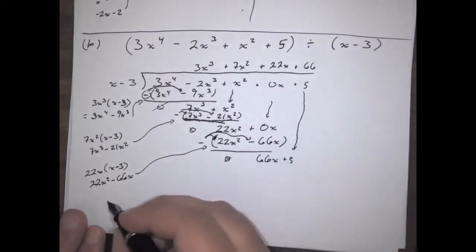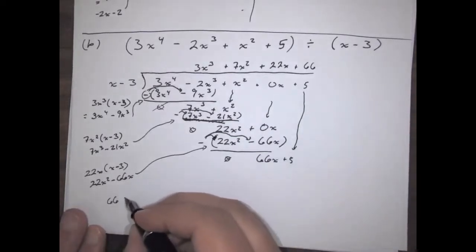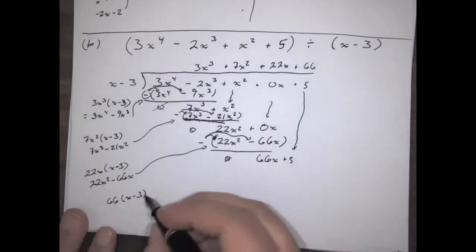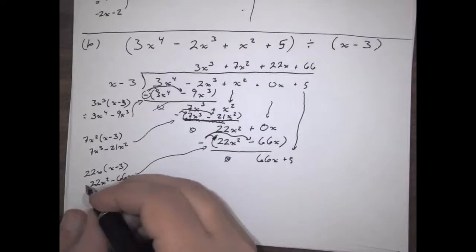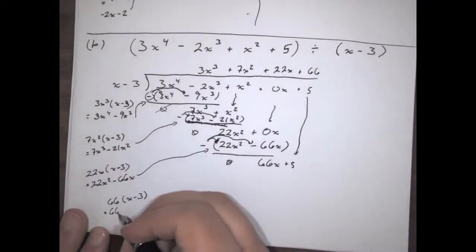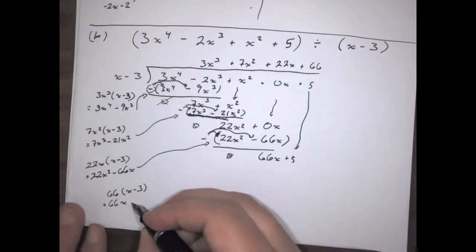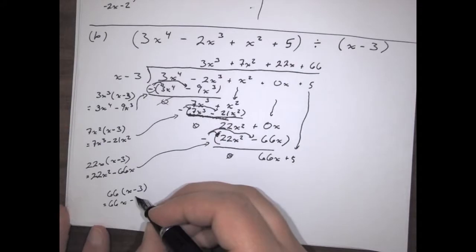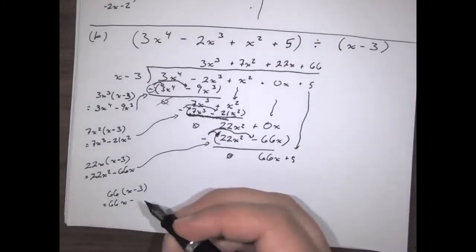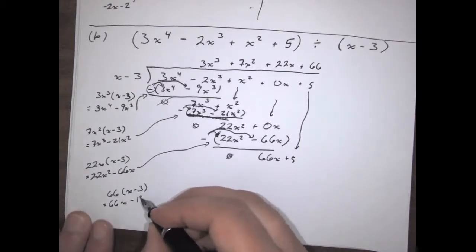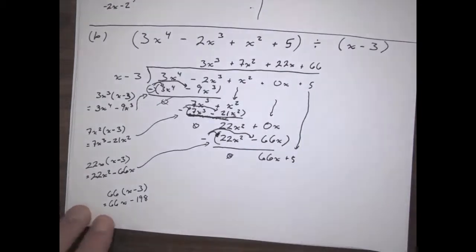So then 66 times x minus 3 is equal to 66x minus 66 times 3, which is 198, I believe.